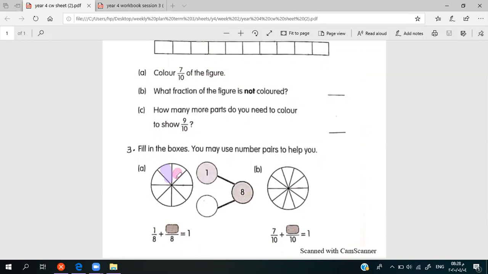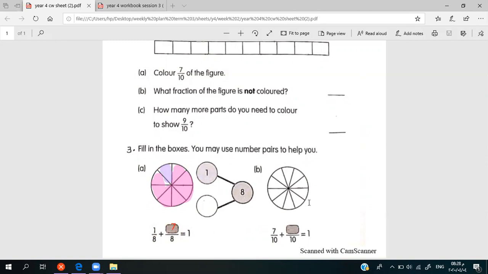Let's count. 1, 2, 3, 4, 5, 6, 7. To give me a whole one, I must color another 7 from the 8. So here 1 from the 8 and 7 from the 8 will give me a 1.